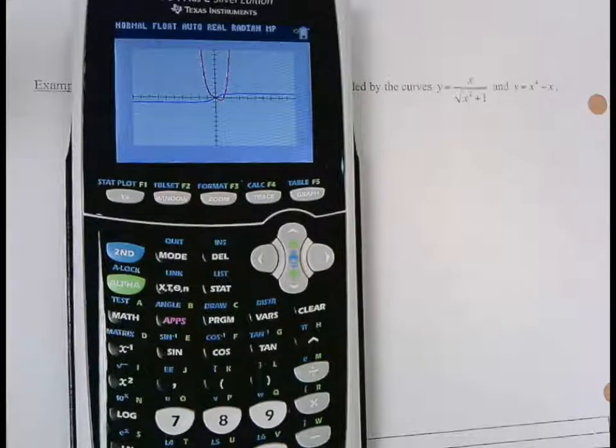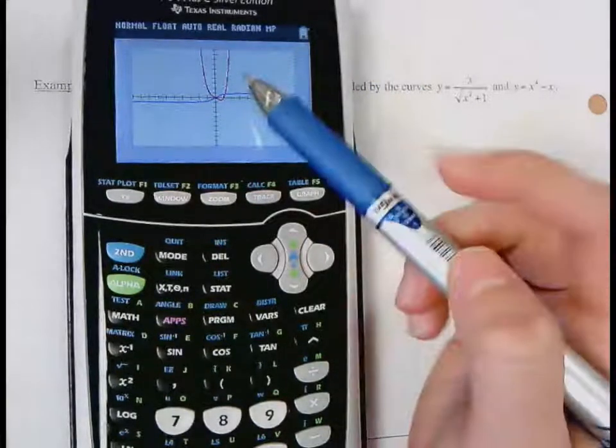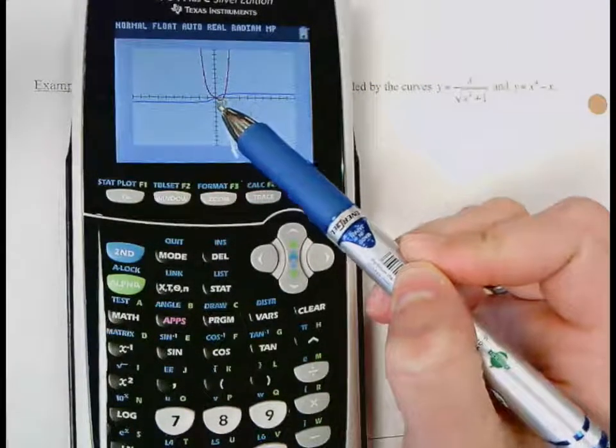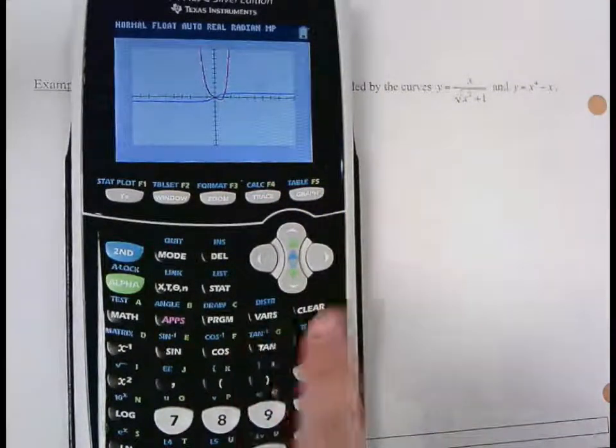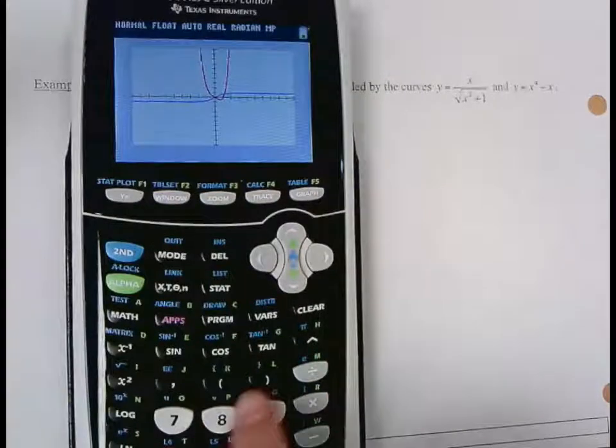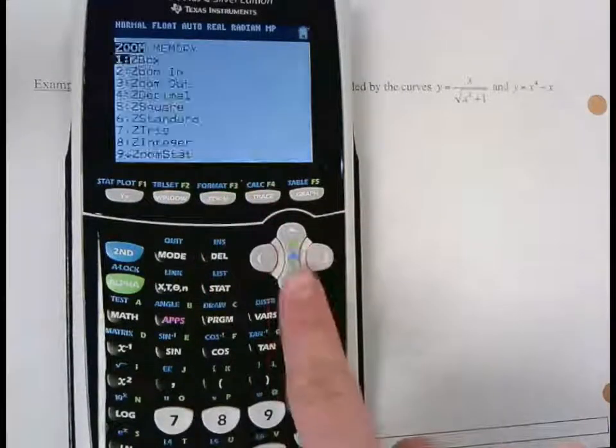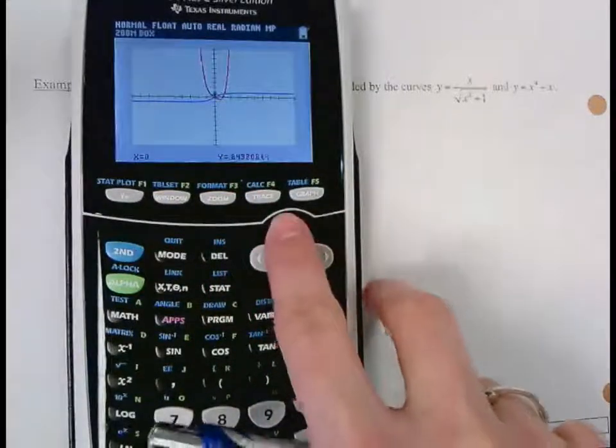Okay, so this is the graph of the two graphs. You can see there is a region here where they intersect twice, creates the region that's bounded by the curves. I'm going to zoom in around this.